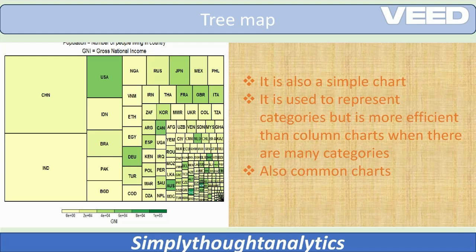Another importance of tree map is that we can also visualize another metric from this particular chart. For example, if we are looking at the tree map on this slide, you can see that some boxes are big and some are small.